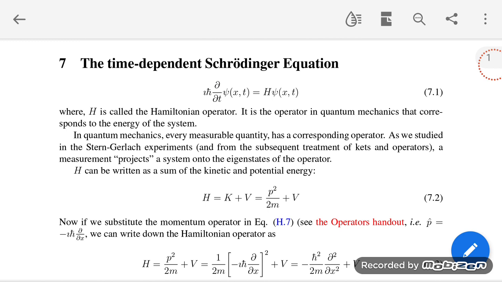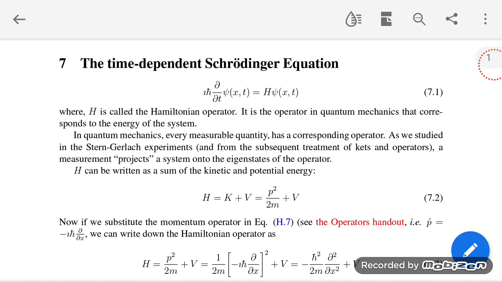As we have studied this chapter in the classroom in the past, we have said that i h cross del by del t of psi, where psi is a function of x and t, should be equal to H of psi of x and t.